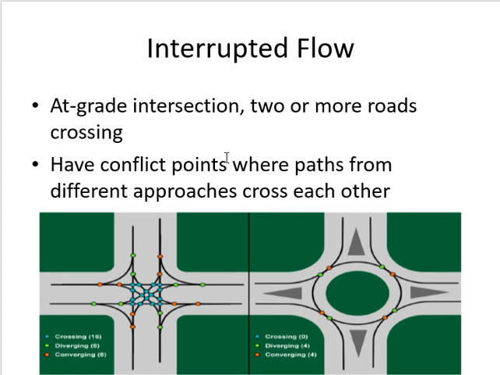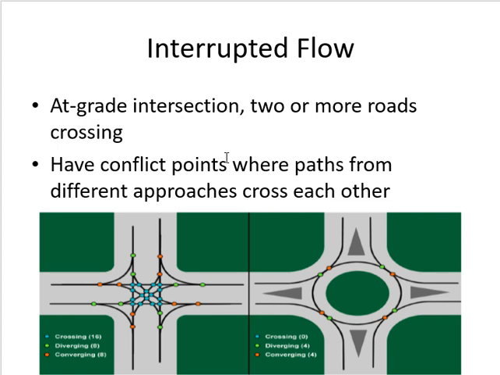What happens when you have intersections is that we have conflict points. What are conflict points? The points at which there's a chance that vehicles from different paths can come together. Okay, points which have the potential of having two vehicles going in different paths. These are called conflict points.